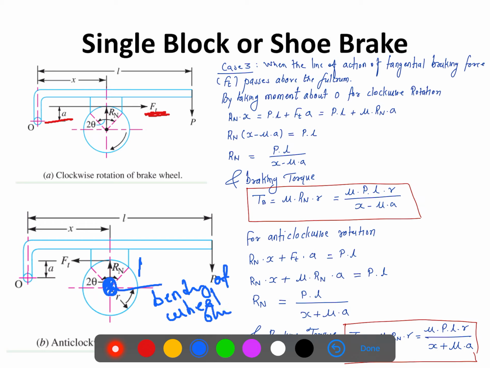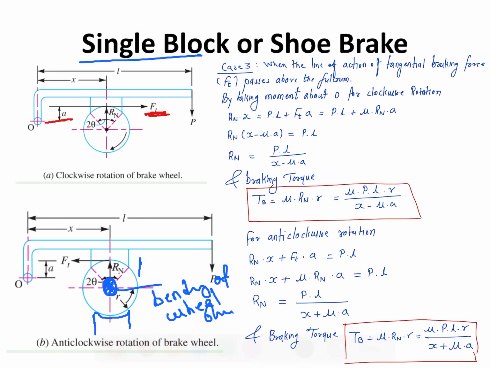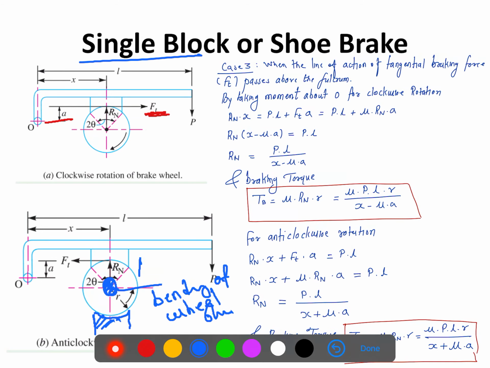So that is, we can say, limitation of single block shoe, and that's why there is an improvement in the design, and then there is a use of double block shoe brakes. So in this, forces are applied from both directions, and because of that this bending of the wheel shaft is avoided.